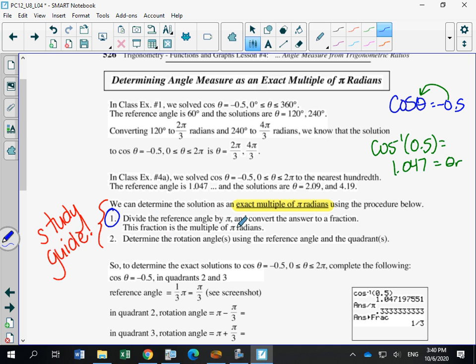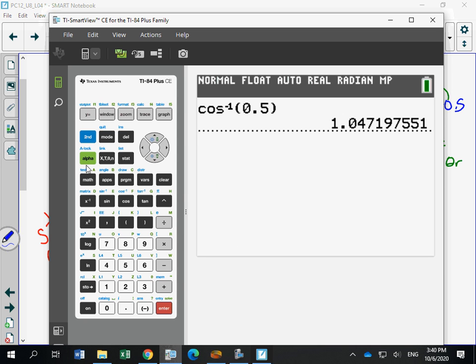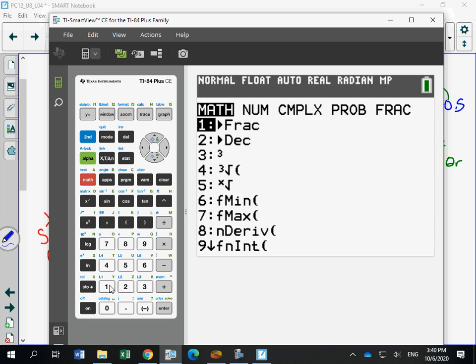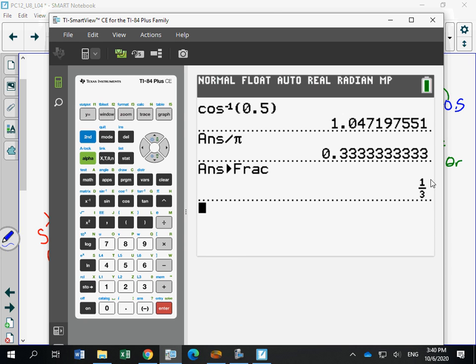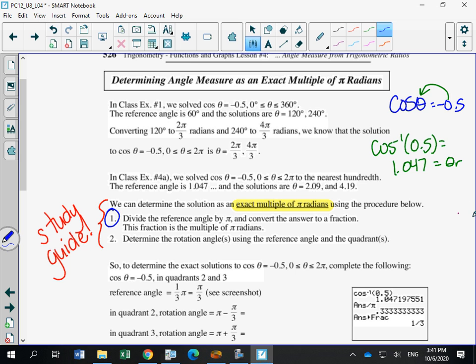So what we're doing is step one. Divide the reference angle by pi and convert that answer to a fraction. Take this number, it's already stored on your calculator, divide that number by pi, and then simply convert that to a fraction. What you would get is 1 pi over 3 radians.